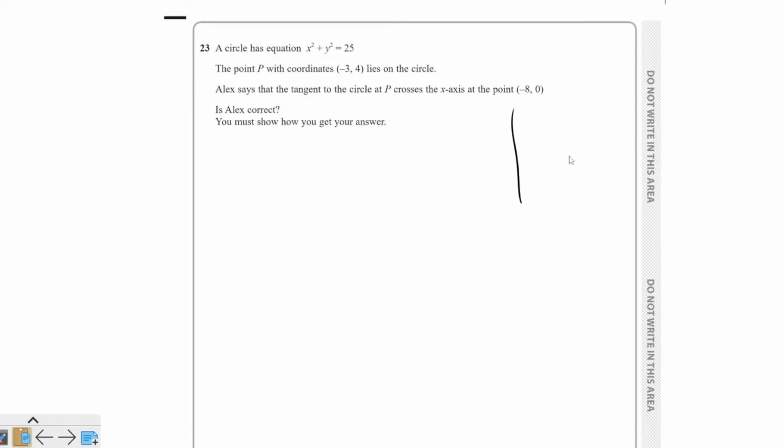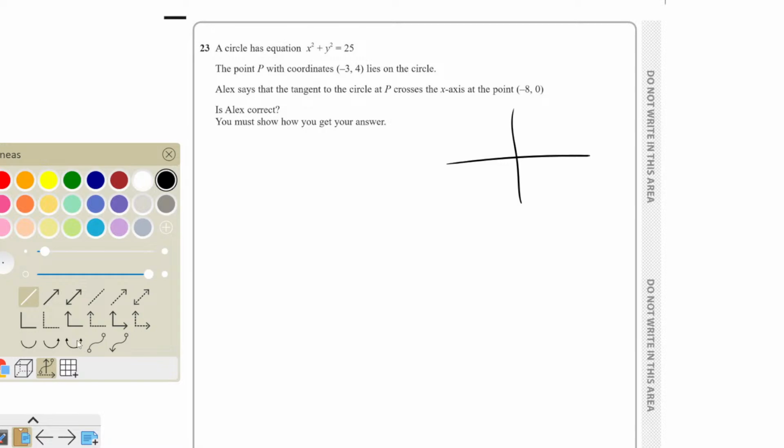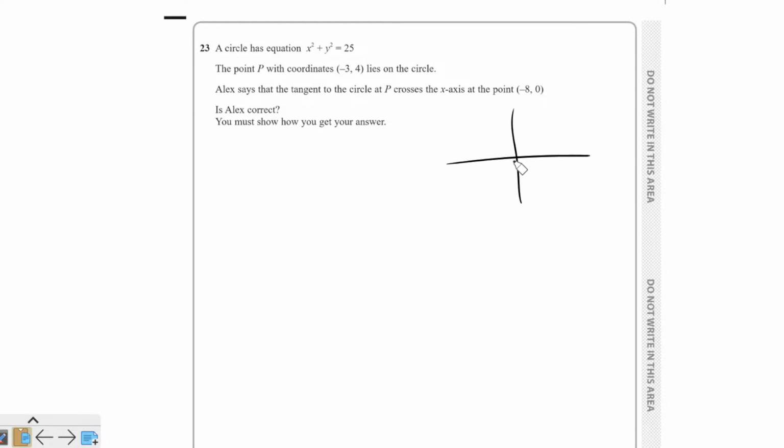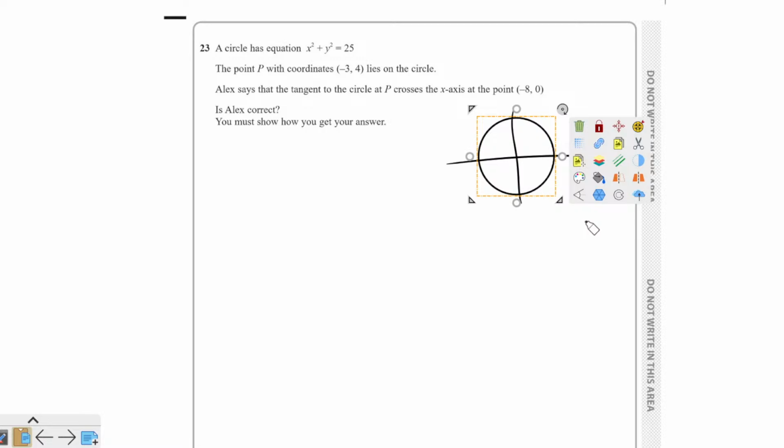So if I draw some axes, at GCSE the circles are always going through 0, 0. You can tell by that equation, it's just x squared plus y squared. So I draw my circle, something like this. You can just sketch it yourself, it doesn't have to look nice.